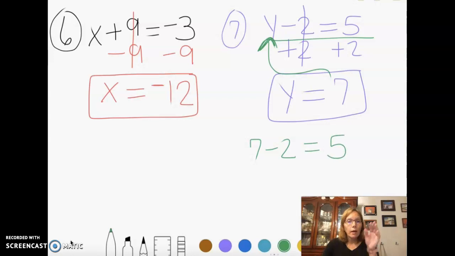And then I work out this side that has 7 minus 2 on it. So 7 minus 2 is 5. Leave the other side the same. If you get the same number on both sides, you got the right answer, okay? If you get a different number, then you need to go back and try again because you did some wrong math or something happened, okay? That's how to check your work.